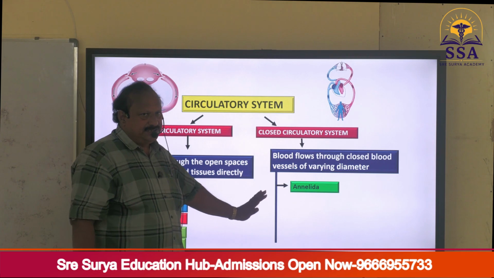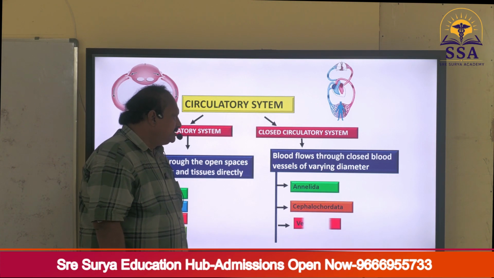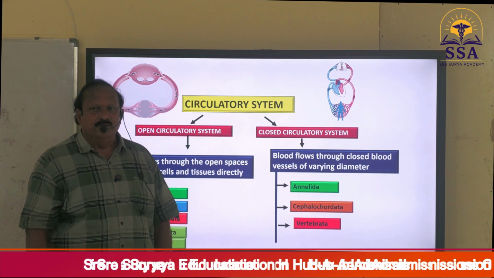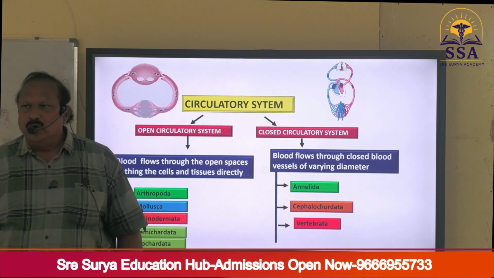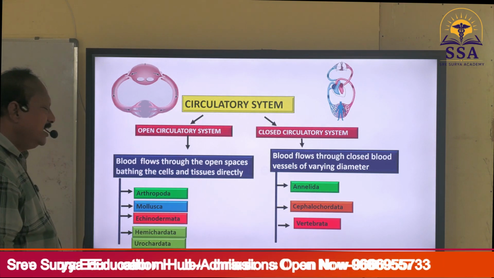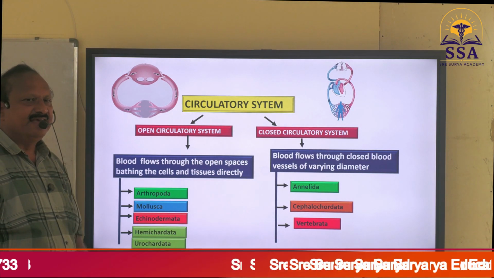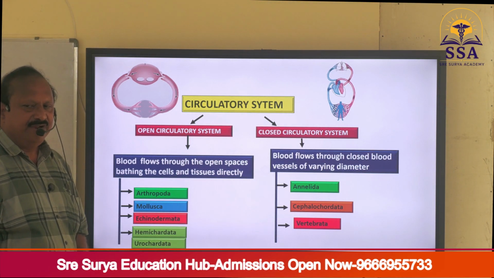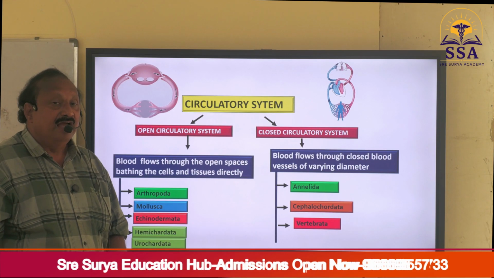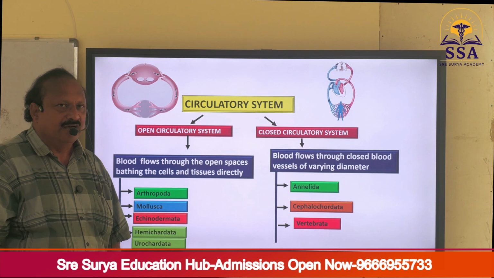And in which animals do you find the closed circulatory system? Closed circulatory system is present in 3 groups of animals. Number 1, Annelida. Number 2, Cephalochordata, like Amphiaxis. The Amphiaxis are lancelets. They belong to Cephalochordata.